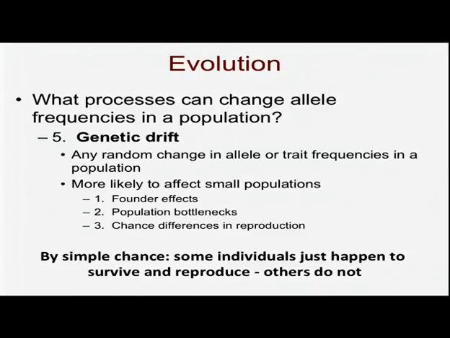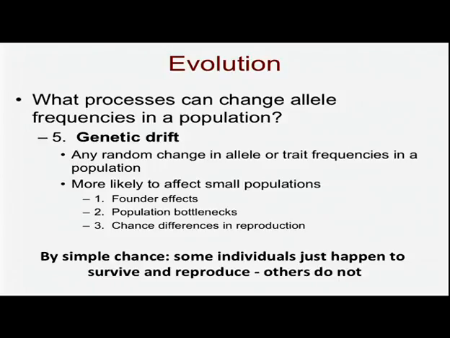All three of those are genetic drift, okay? It causes a change in trait frequencies of a population not based on having good adaptations. It's either based on a founder effect, a population bottleneck, or some chance thing that happens out in nature, okay?